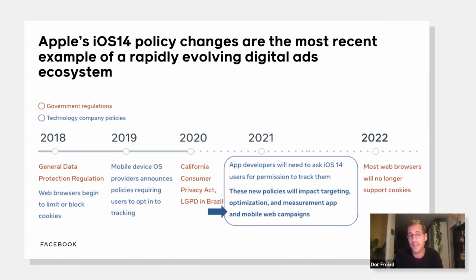We also expect that this is not the end of it, and that by next year most web browsers will no longer support cookies. This is part of that movement that we see in general.